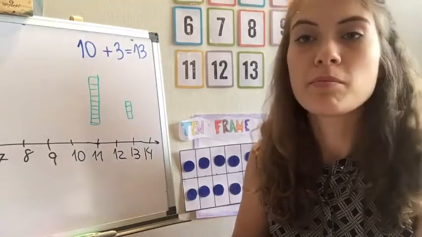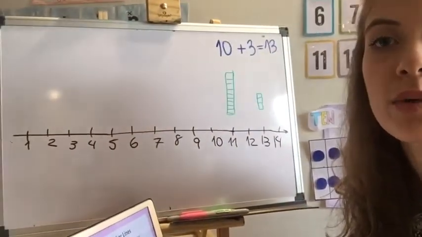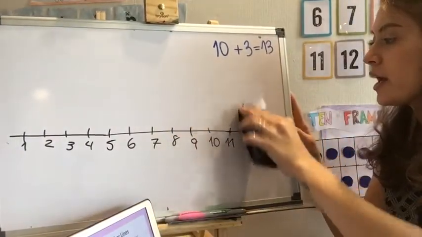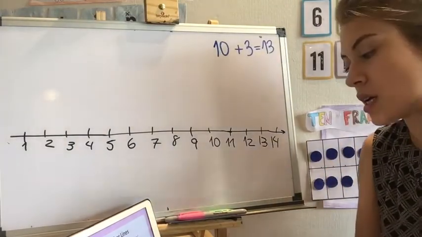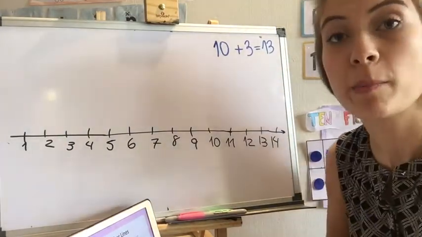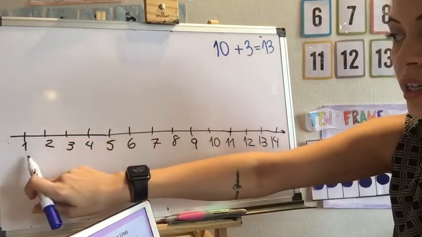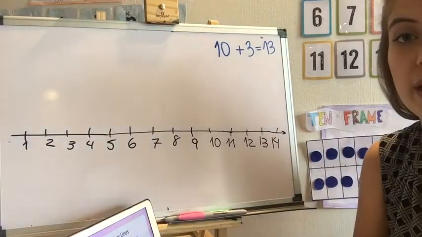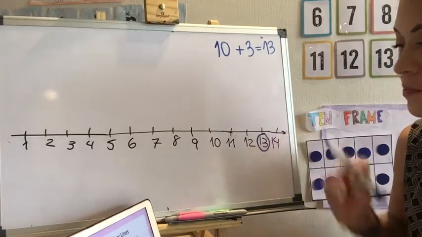And I have here my number line, as you can see. And then we are going to have a look here, where is the number 13 in this number line? If we start over here, that's the number 1. The number 13, where can we find it? Here. It's here.